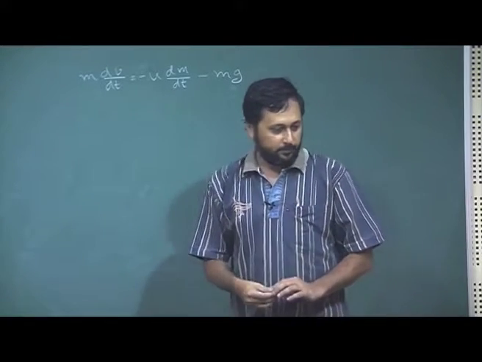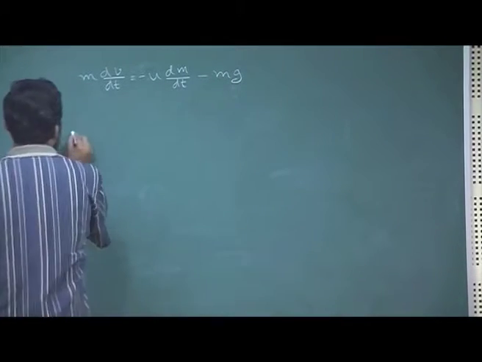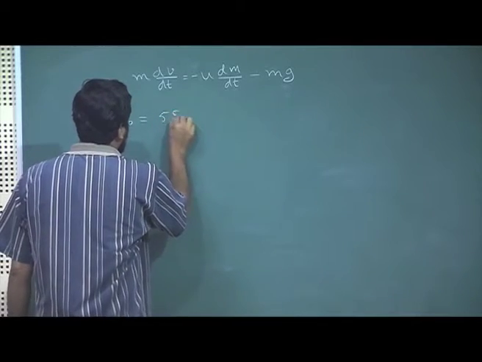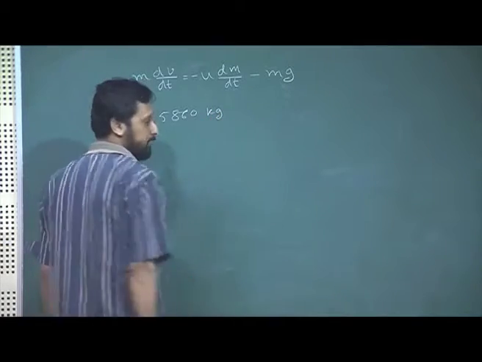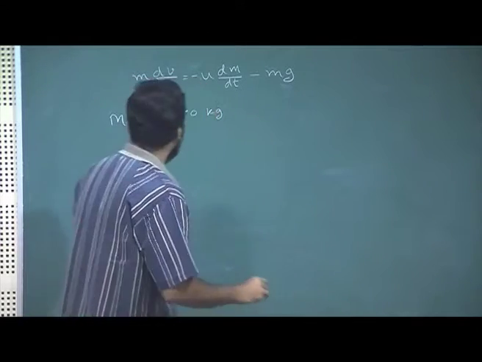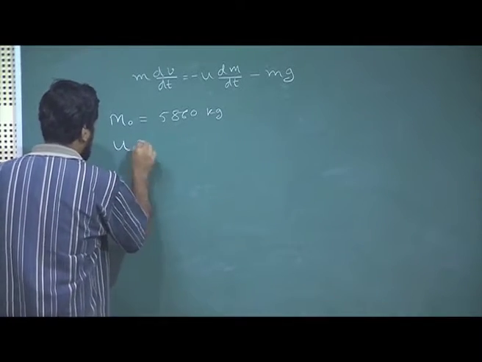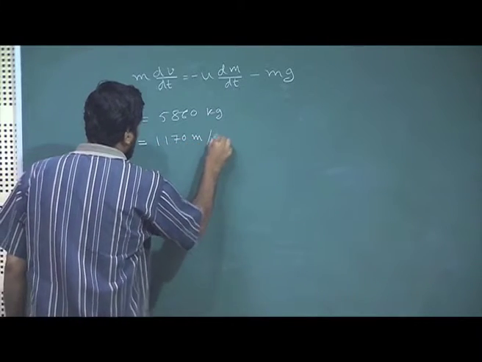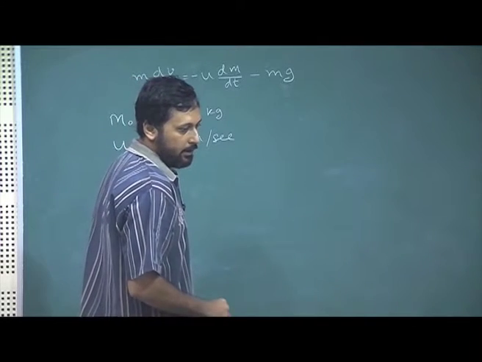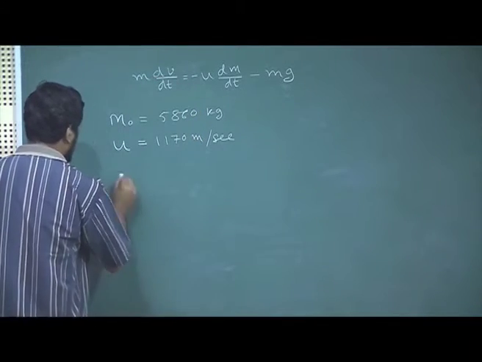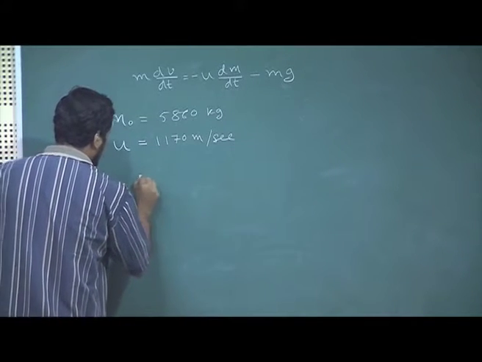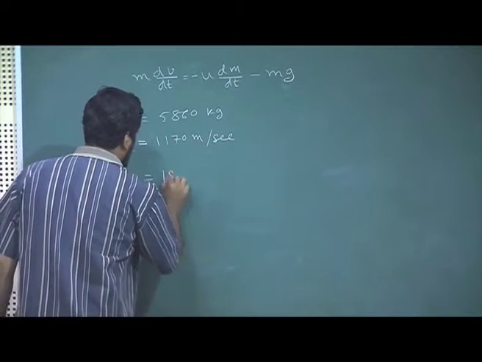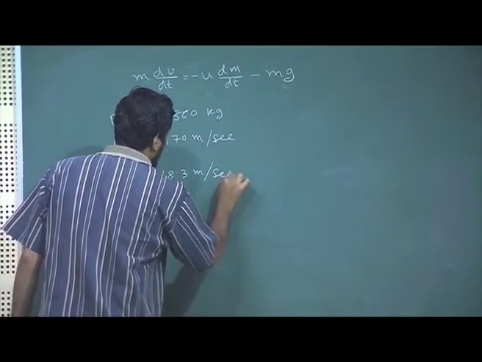Now, let us see. It is given that the initial mass m0 is equal to, what is the number, 5860 kg, and also the exhaust gas speed which is given is 1170 meters per second, and the initial acceleration which we are looking for is given as 18.3 meters per second squared.